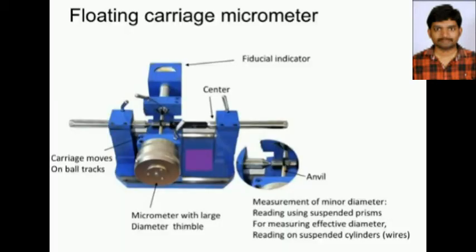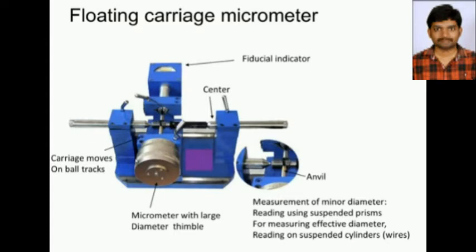So this shows a floating carriage micrometer. We can see the cast iron base, and then we have two centers. So two centers are provided for mounting the workpiece. The centers can be moved in and out to accommodate workpieces of different sizes, and centers can be changed by operating the levers.